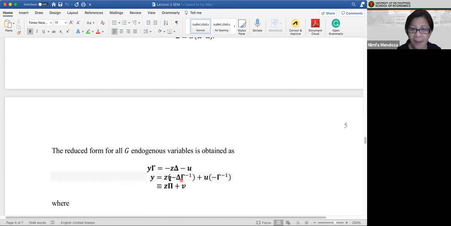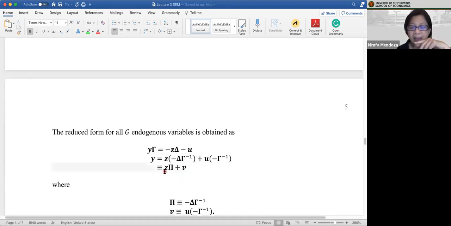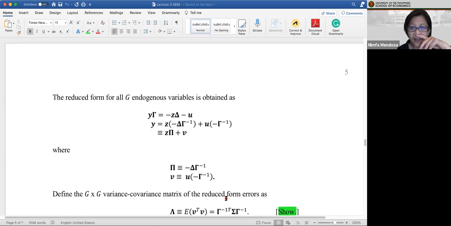So I have some expression in terms of Z and U. Therefore, I can define this as Z times pi, where I define pi as minus delta gamma inverse, and V, the disturbance term in the reduced form equation, is U times minus gamma inverse.